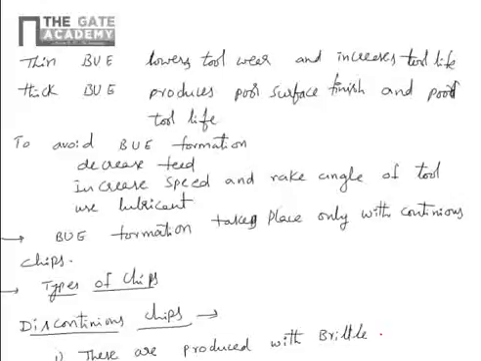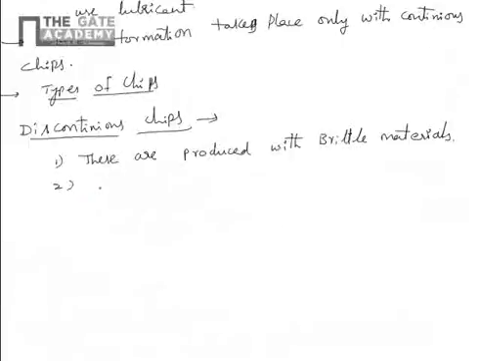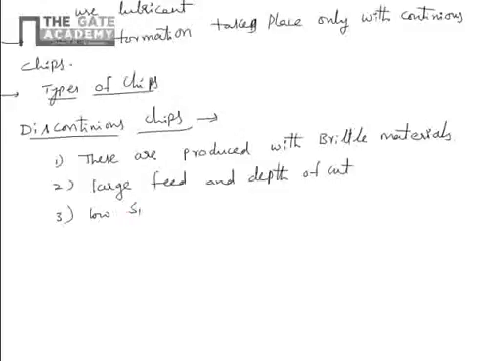If the workpiece is brittle, then if you do turning or any operation, discontinuous chips are produced. Large feed and depth of cut cause discontinuous chips. Low speed: if the speed is low, the time available for curling of the chip is more, so chip bending takes place and there is a breakage of the chip.